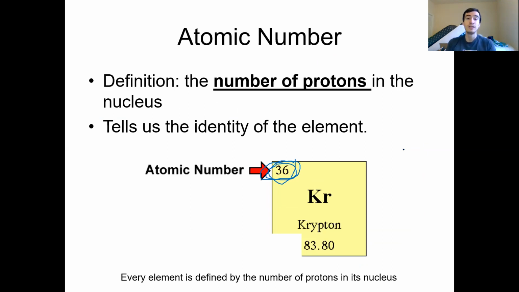So every single element on the periodic table, every single atom, has a different number of protons. And we can determine which atom we're looking at by figuring out the number of protons, and that will tell us the atom that we have. Our periodic table is arranged in order from smallest atomic number to largest atomic number. So krypton is number 36.